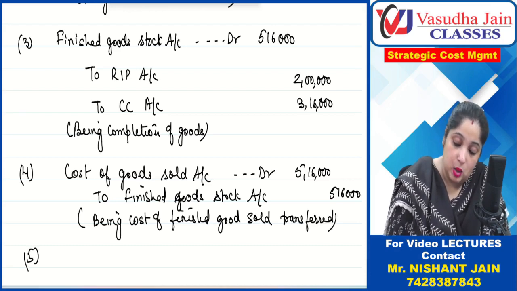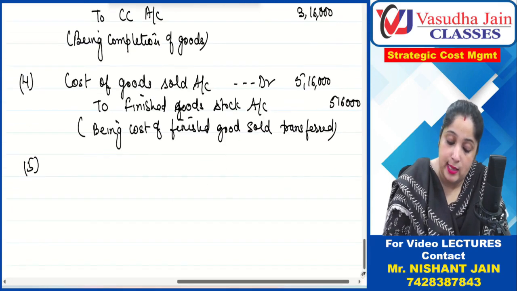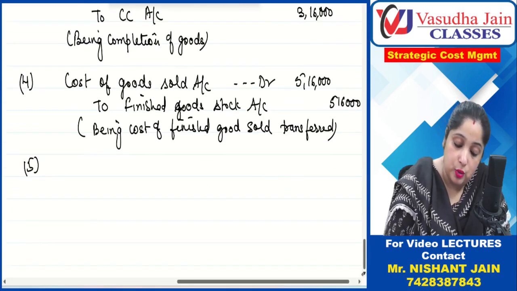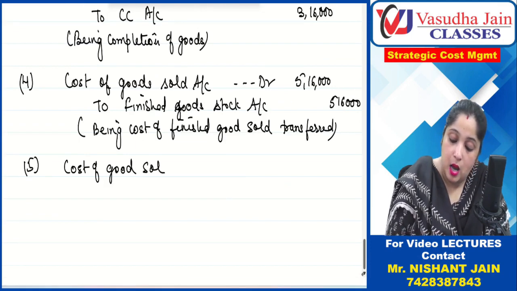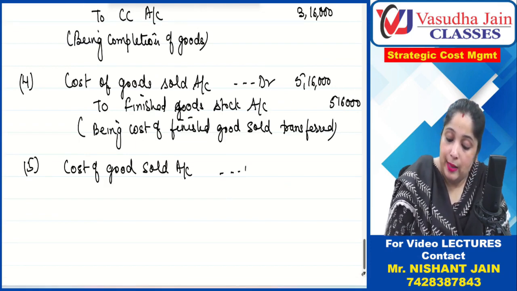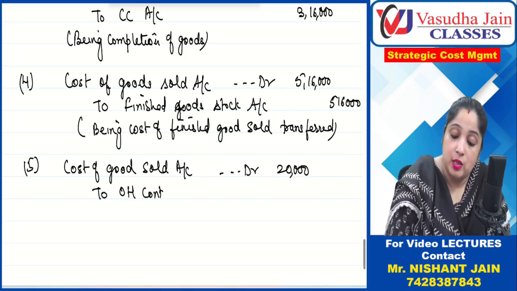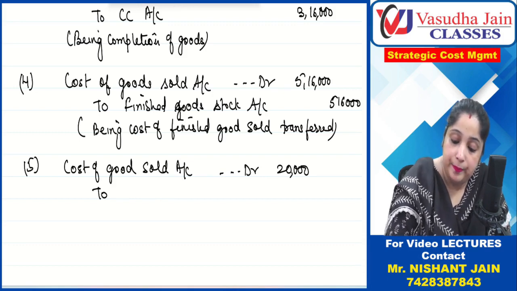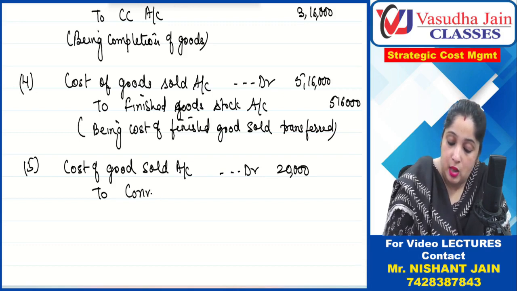Then last is the loss, the variance of overheads which has been transferred to cost of goods sold. So cost of goods sold account debited with 20,000 to overheads control account, or conversion account in our case, right?